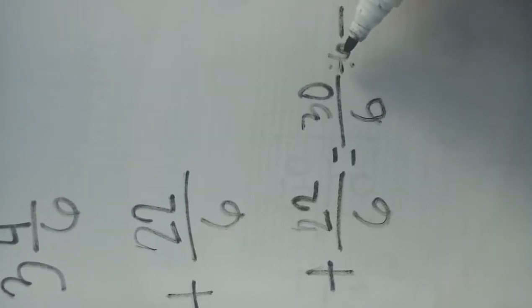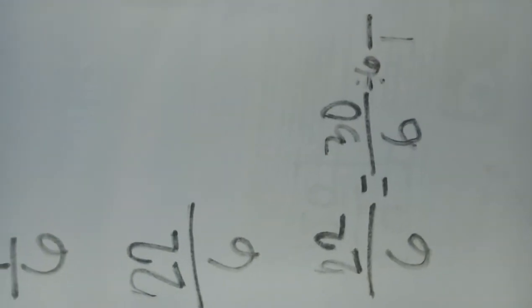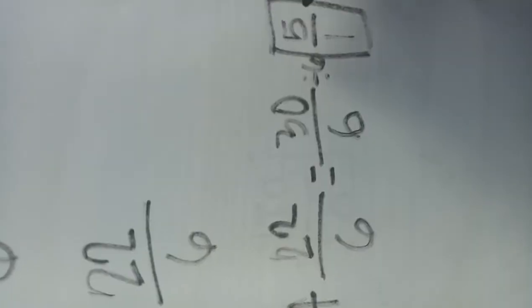So I'm going to divide by 6, because 6 divided by 6 equals 1, and 30 divided by 6 equals 5. Yes, so therefore this is our simplified answer: 5 over 1.